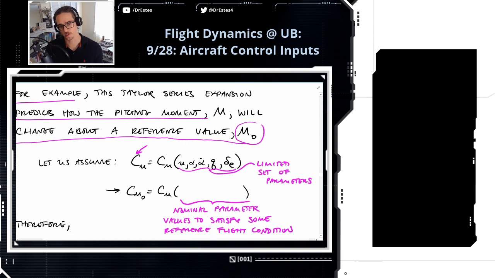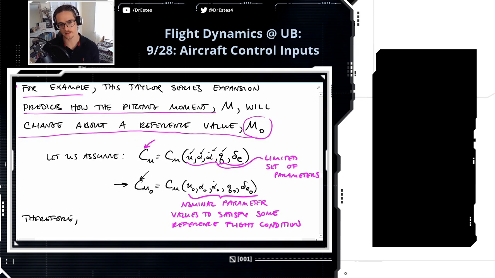And for our reference flight condition, whatever that is, that's going to imply some nominal values for these parameters. So we're going to call Cm naught our coefficient evaluated at the nominal values, whatever they might be. They'll be different for different reference flight conditions.